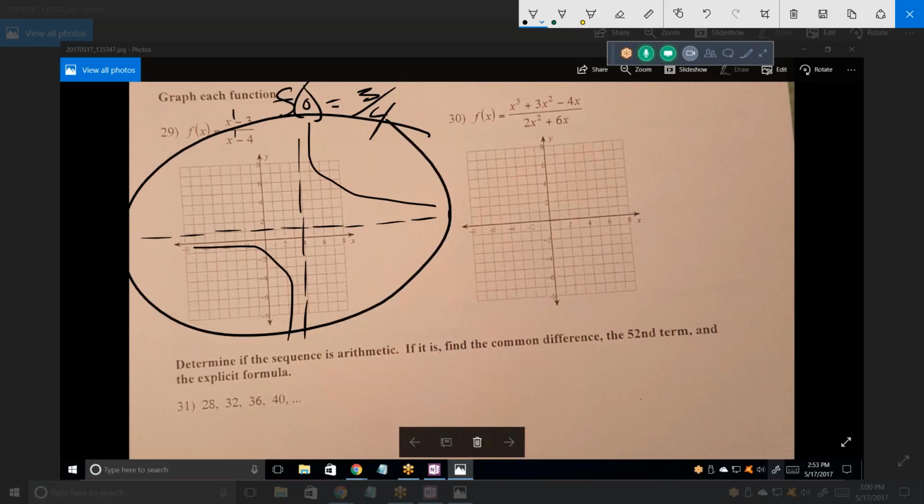You don't need to have every point correct. I don't need the y-intercepts to be correct. Because all I need to do is know that I'm in the first and the third quadrant of the grid that I have drawn, which is based on the vertical and the horizontal asymptotes.